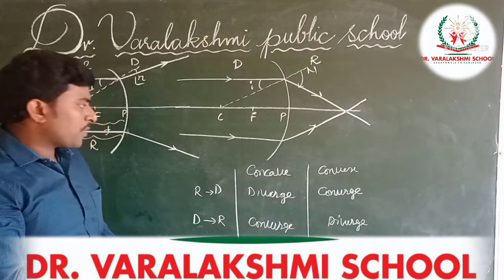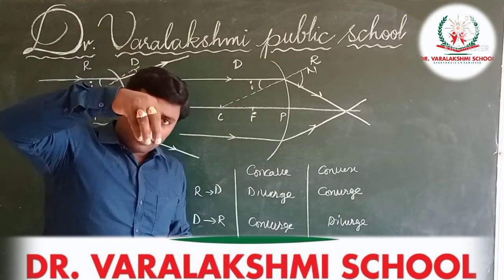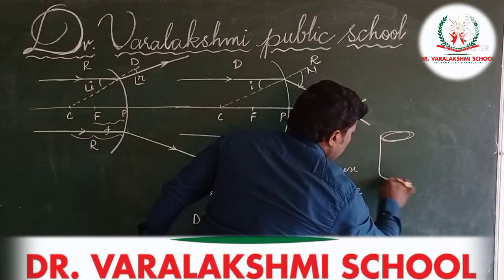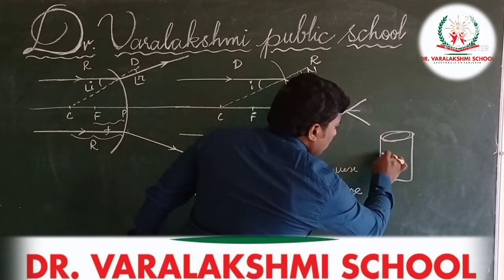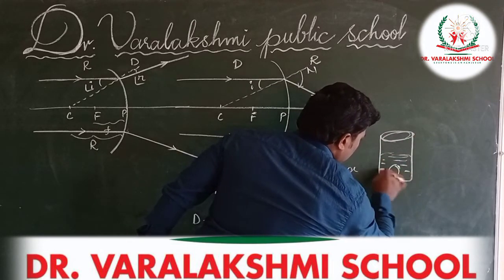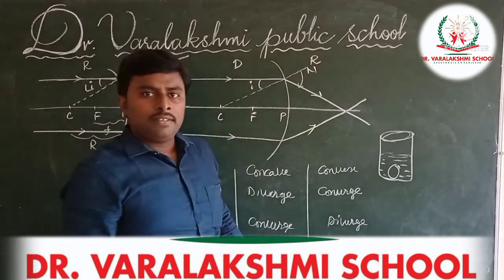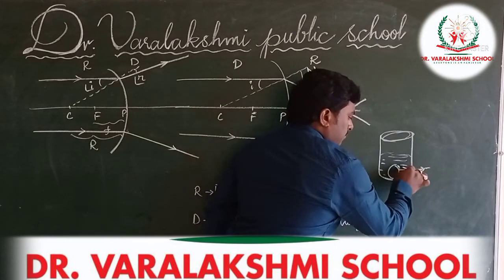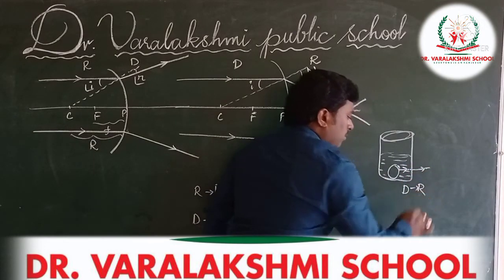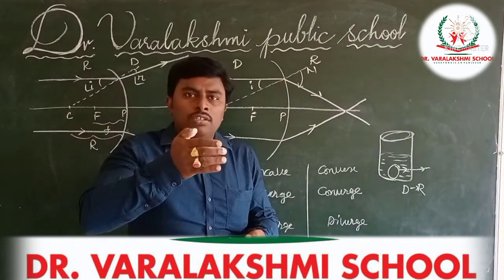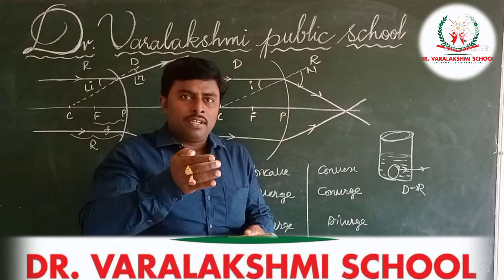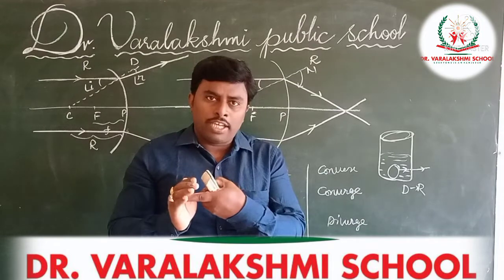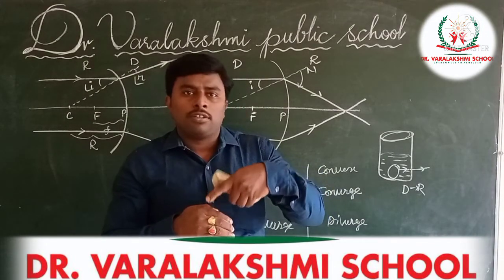The reason is that the lemon is present inside the water. That is the lemon and this is water. The light rays come from denser to rarer, and here the tumbler wall has a curved surface, and in the curved surface the inward groove is called concave, the outward bulging portion is called convex.